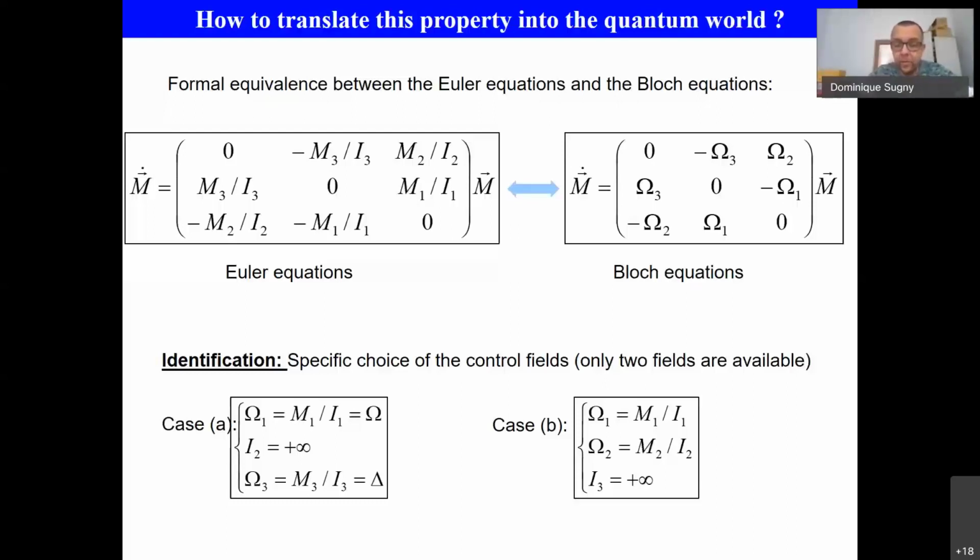But it works, and we can also show that even if one of the moments of inertia goes to plus infinity, basically all the results that we have about the tennis racket effect and the Dzhanibekov flip are still valid, up to some small corrections. So basically we can use exactly the same formalism.